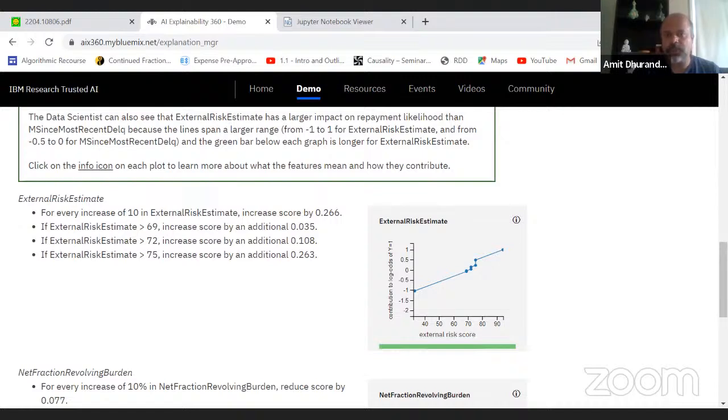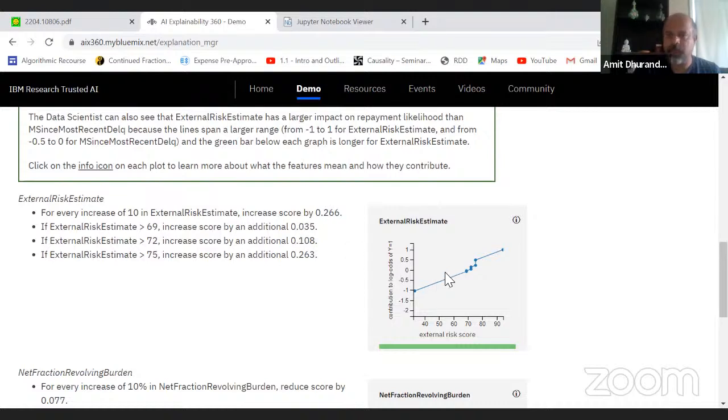So what is this score? The higher it is, it's basically like the probability of you getting a loan. So what this model is saying is that for every increase of 10, your chance of getting a loan will increase by this much.